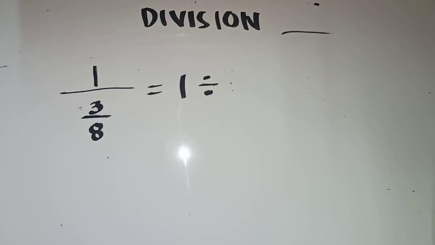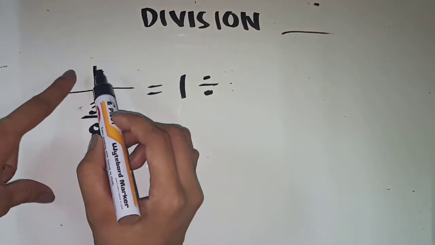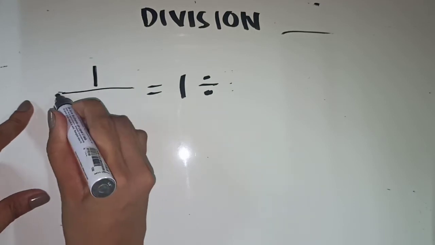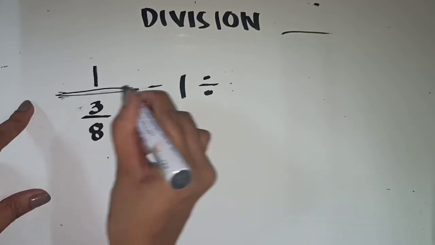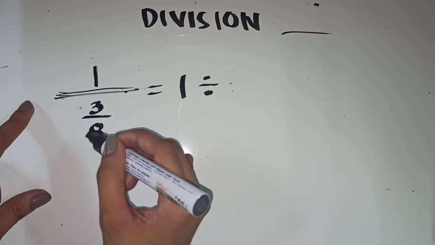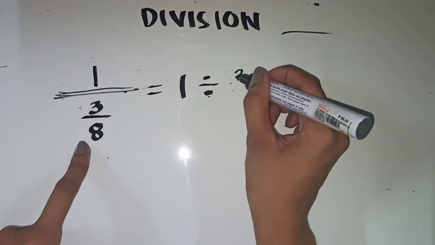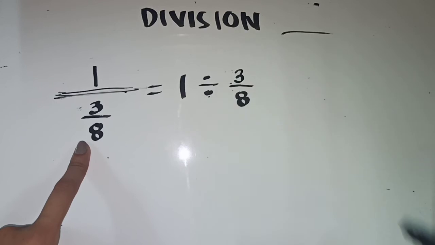Kapag meron tayong 1 over 4, ibig sabihin nun, that is 1 divided by 4. So, ibig sabihin, this 1 is the numerator, over. Ang denominator natin dito is yung 3 over 8. So, divided by the denominator which is 3 over 8.